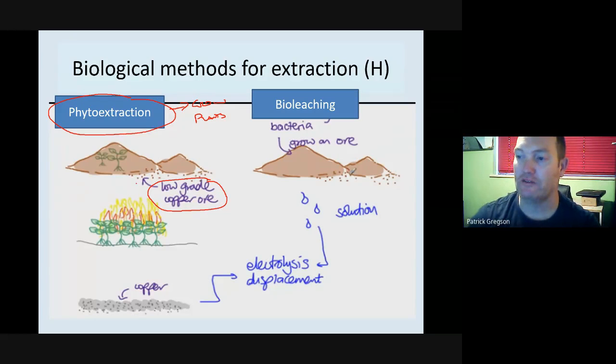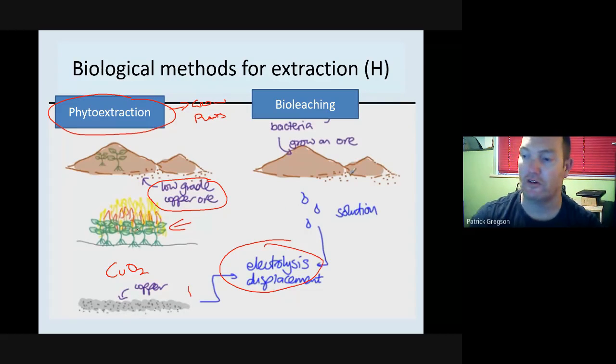You grow these plants, and this is probably the bad bit for the environment. Then you burn the plants. You end up with copper oxide, and we've already talked about how to get copper out of copper oxide. Then we can use electrolysis. So the idea is turning this low grade into a pile of, I suppose you'd say, high grade.